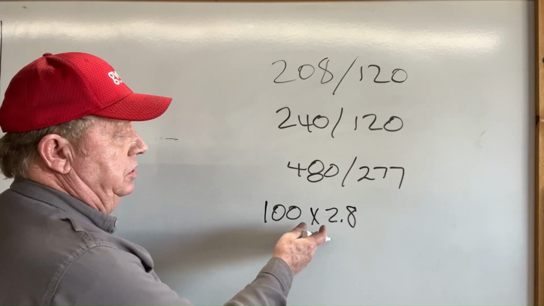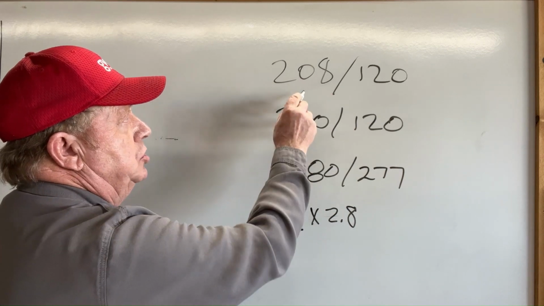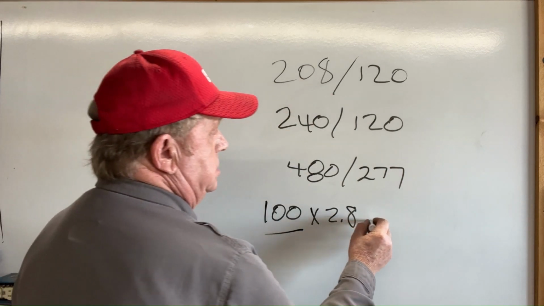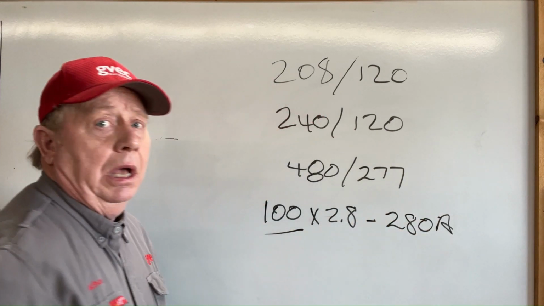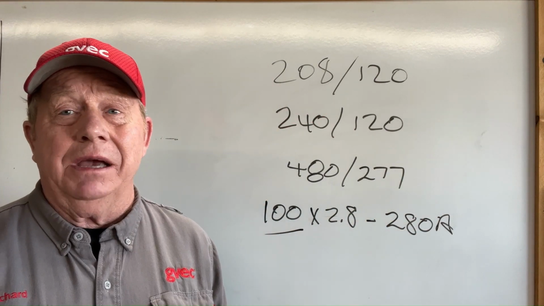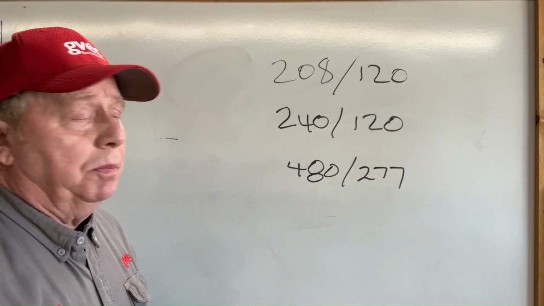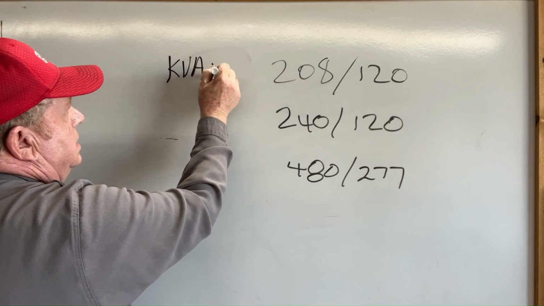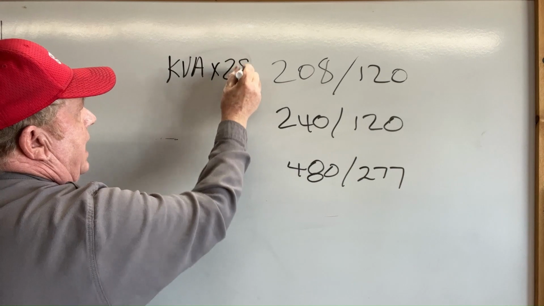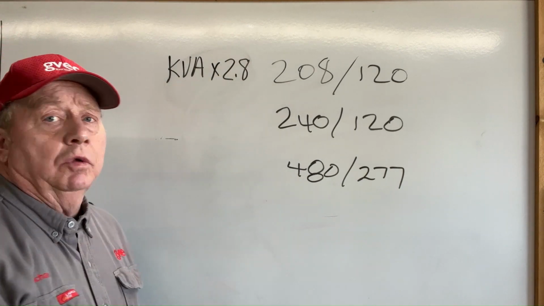So if I tell you the ampacity of the 100 kVA transformer at 208 is 280 amps, I'm only 2.5 amps off the long math. So that multiplier is kVA times 2.8.